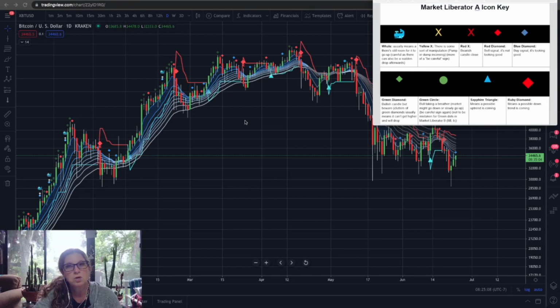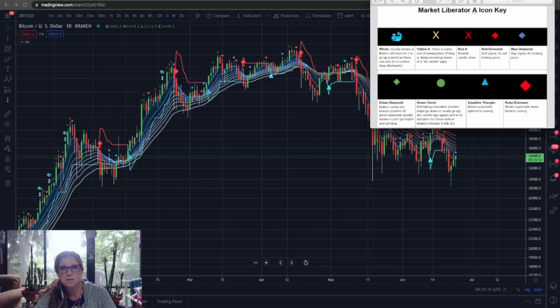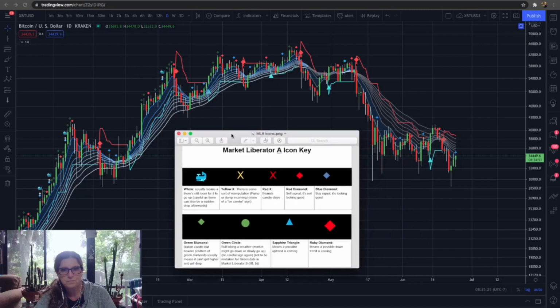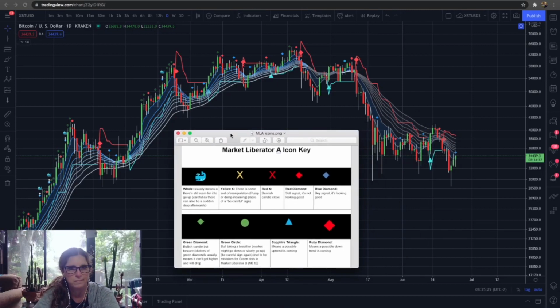So we are going to start off with Market Liberator A. This is the icon key for it, which you will be able to find inside the Discord. We're just going to go over this a little bit and what some of these symbols mean.